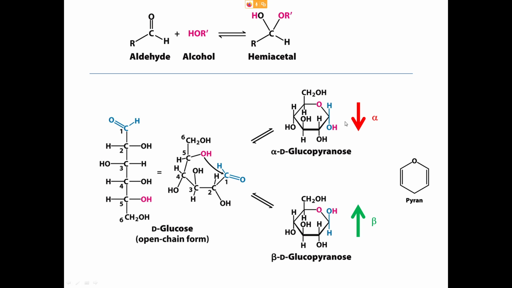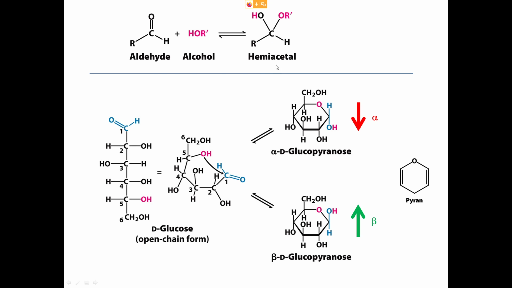And the geometry is not the same as pyran, but if I say glucopyranose, it means a sugar, glucose, that looks like pyran. It's in its ring form is all we need. If you just say plain old glucose, you probably mean the straight chain. We often just say glucose for both, but if you hear pyranose or glucopyranose, it definitely refers to the ring form. It doesn't mean it's equal to pyran, that's just how it resembles.